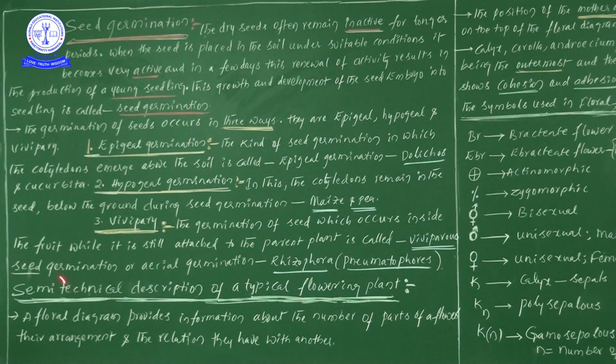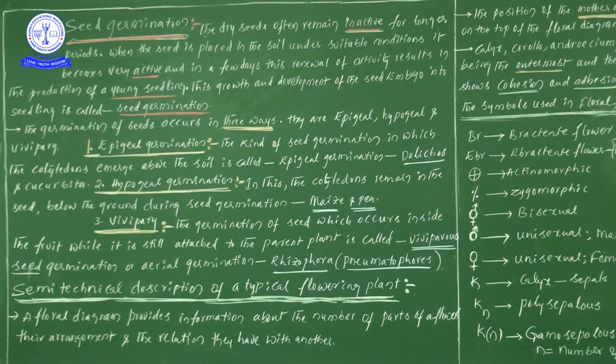Why? Because this seed is already germinated. So when it falls into salinity soil conditions, it can grow without any problem. You understood the point. That particular case we can see in Rhizophora, the best example, which comes under pneumatophores.